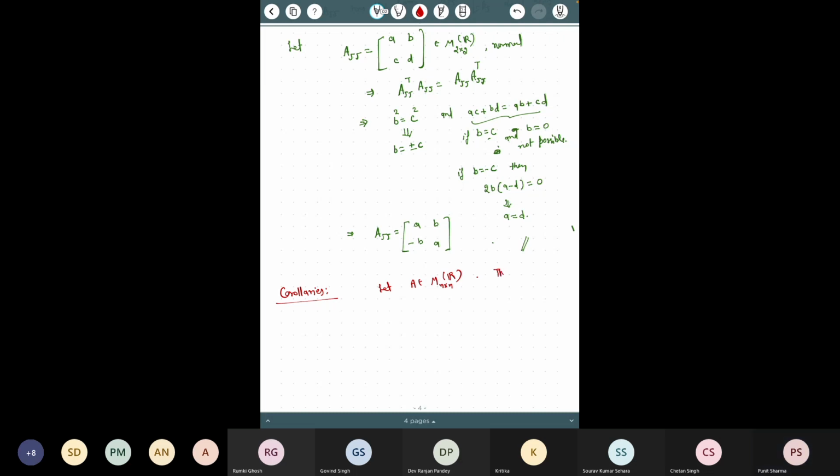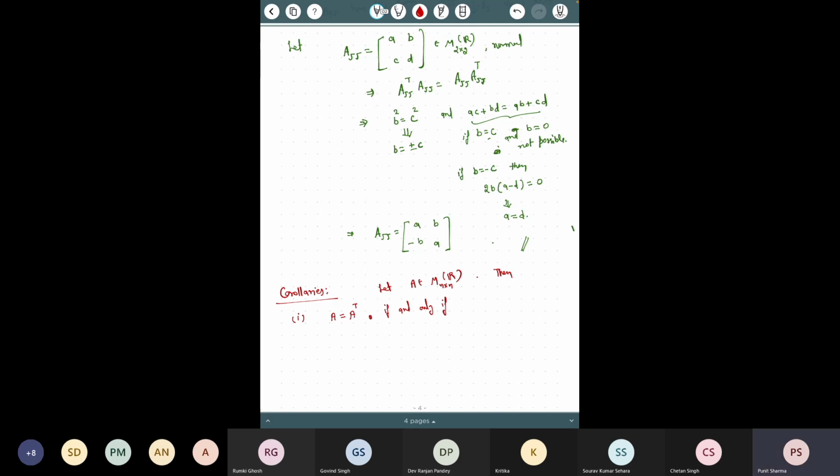Suppose A is equal to A transpose, so A is a real symmetric matrix. Now, using the above result, can you say that A is symmetric if and only if something like we had here?